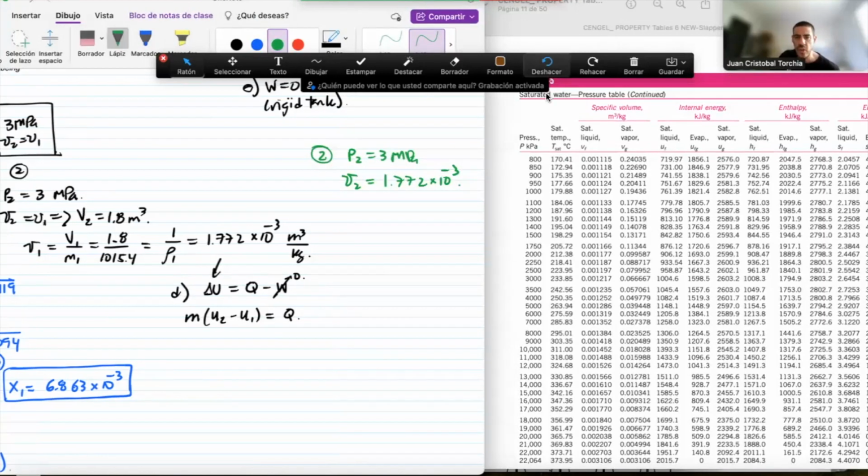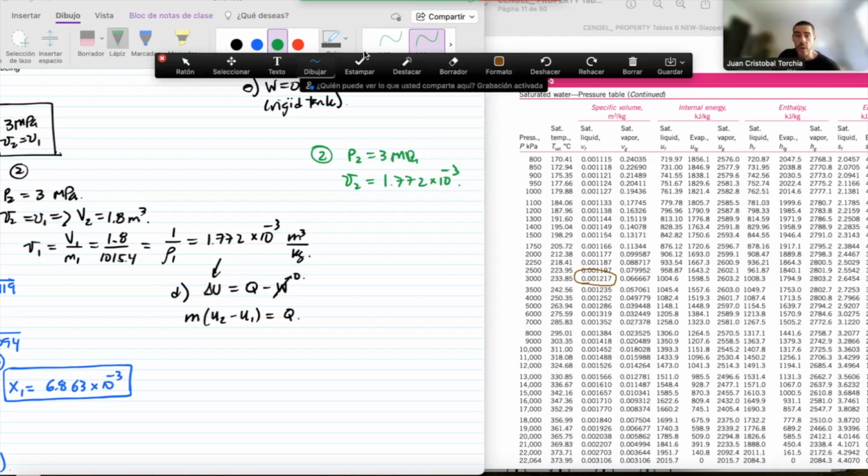Maybe you can see just using your eyes that this 1.77 is actually 0.0017. So this is your lowest value, and this is 0.0012. So this v2 is 0.00177, which is higher than the saturated liquid specific volume.